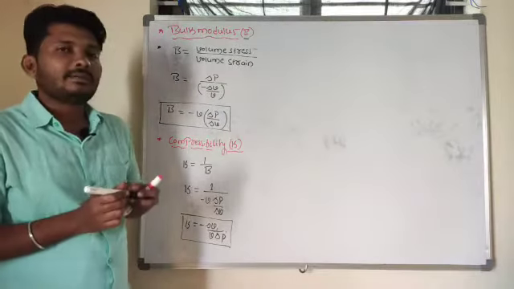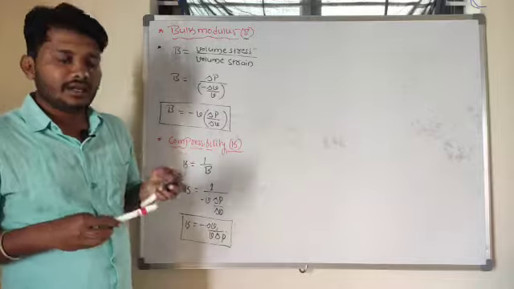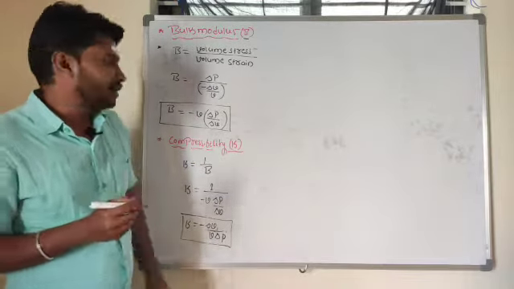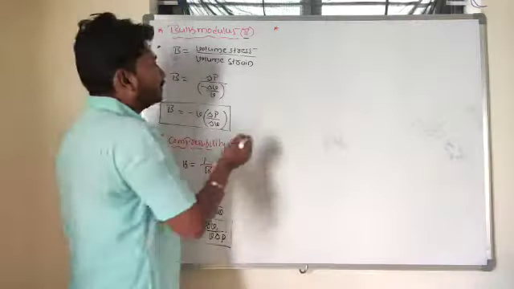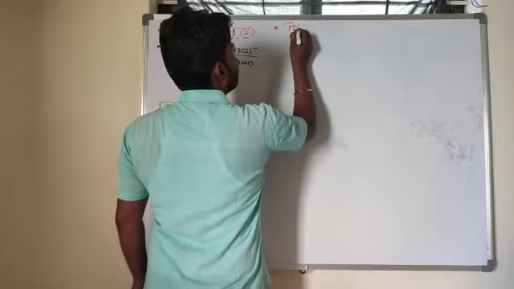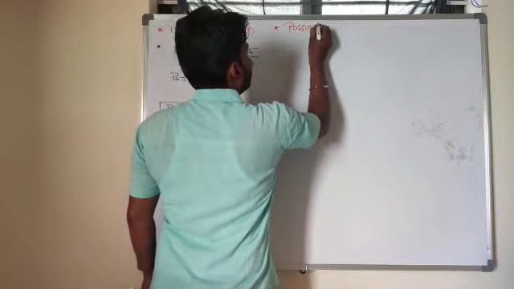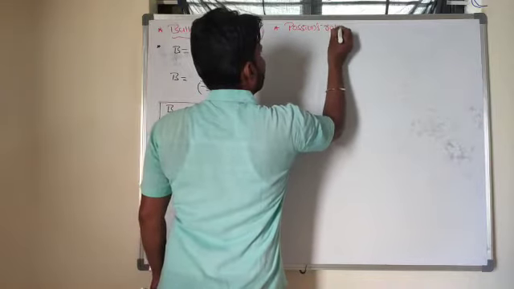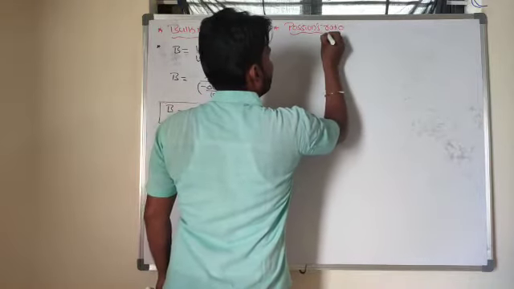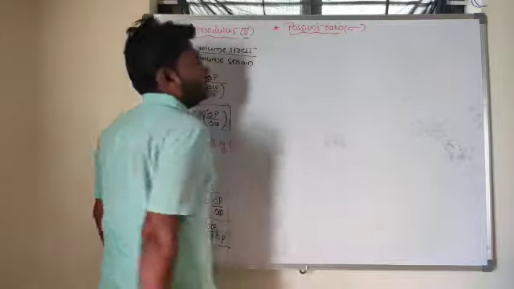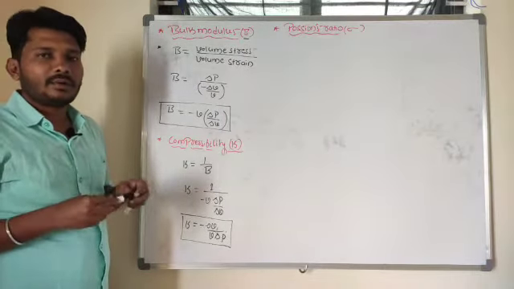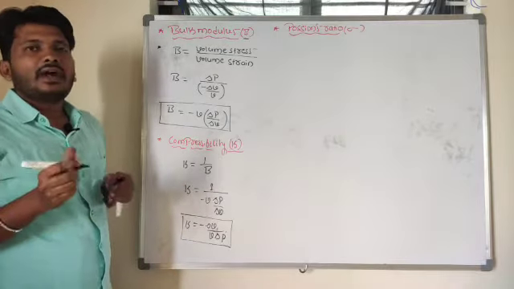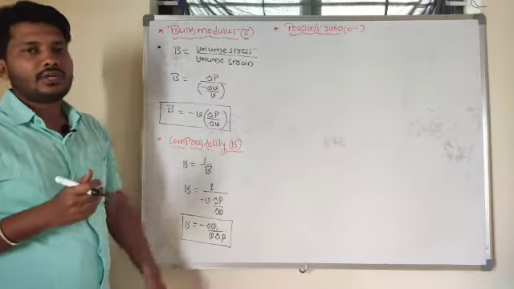In the mechanical properties of solids, we will now understand the meaning of Poisson's ratio. Poisson's ratio is represented by the symbol sigma. It is the ratio of lateral strain to longitudinal strain.